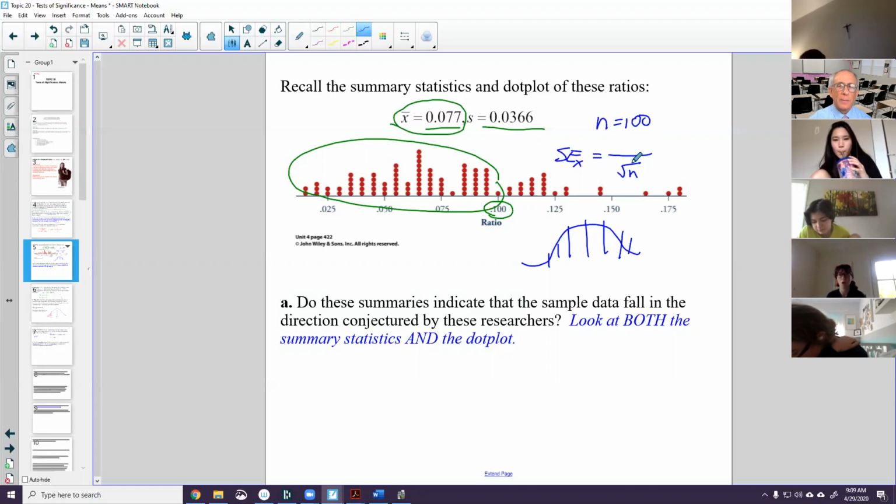The mean? Nope. How about the standard deviation from my sample? No.